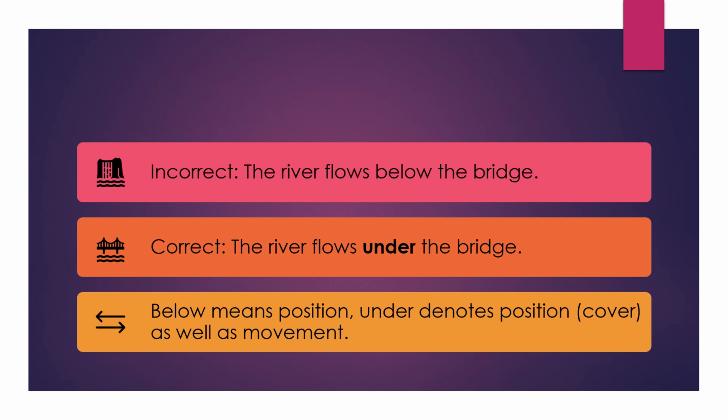We'll have to choose a word that refers to both the position, the cover, and the movement. Therefore, the word we'll be using will be "under" and never "below". Likewise, for sentences that use "above" where we are talking of both the position and the motion, "above" will be replaced with "over". So the river flows below the bridge will be corrected to the river flows under the bridge.